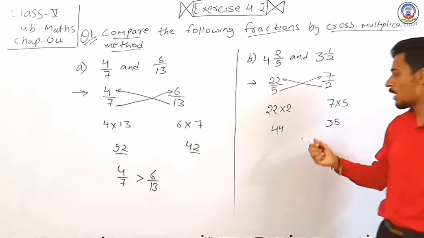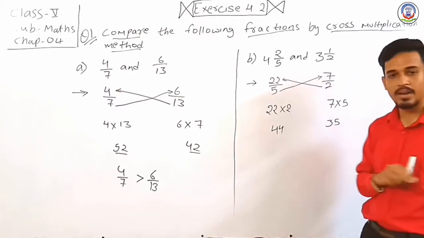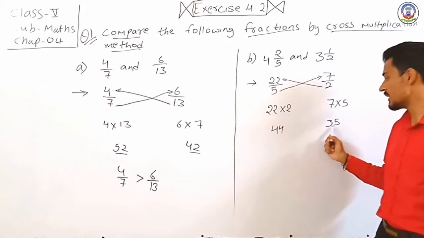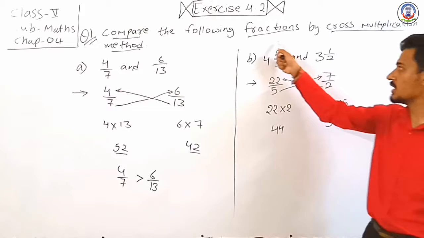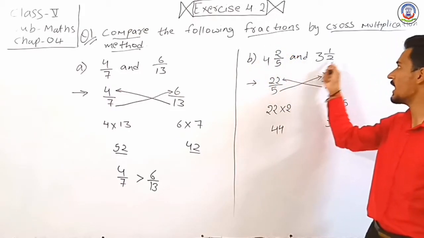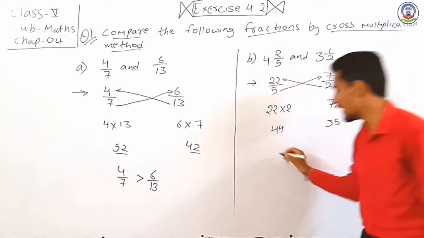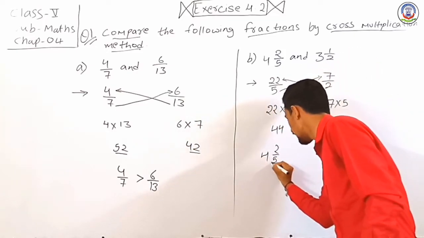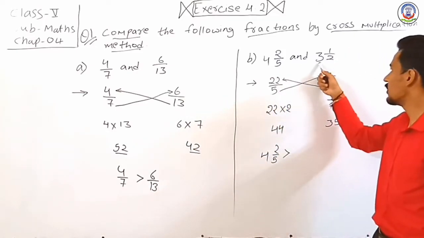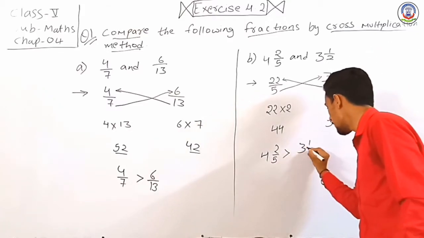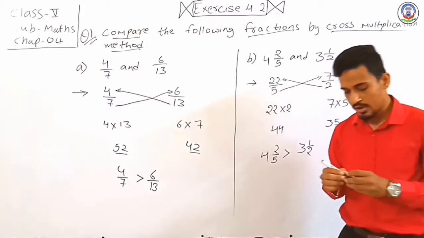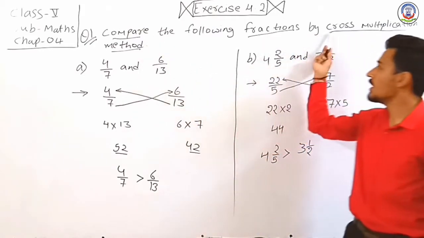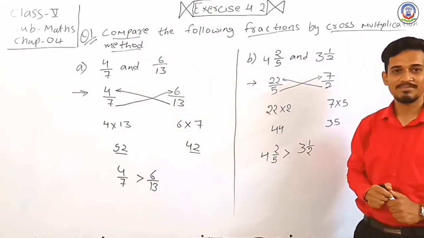So now we check which is the bigger number between these two. So 44 is bigger than 35. So this fraction is bigger than this fraction. So we write here 4 integer 2/5 is bigger than 3 integer 1/2. So that's how we can solve and compare the fractional numbers.